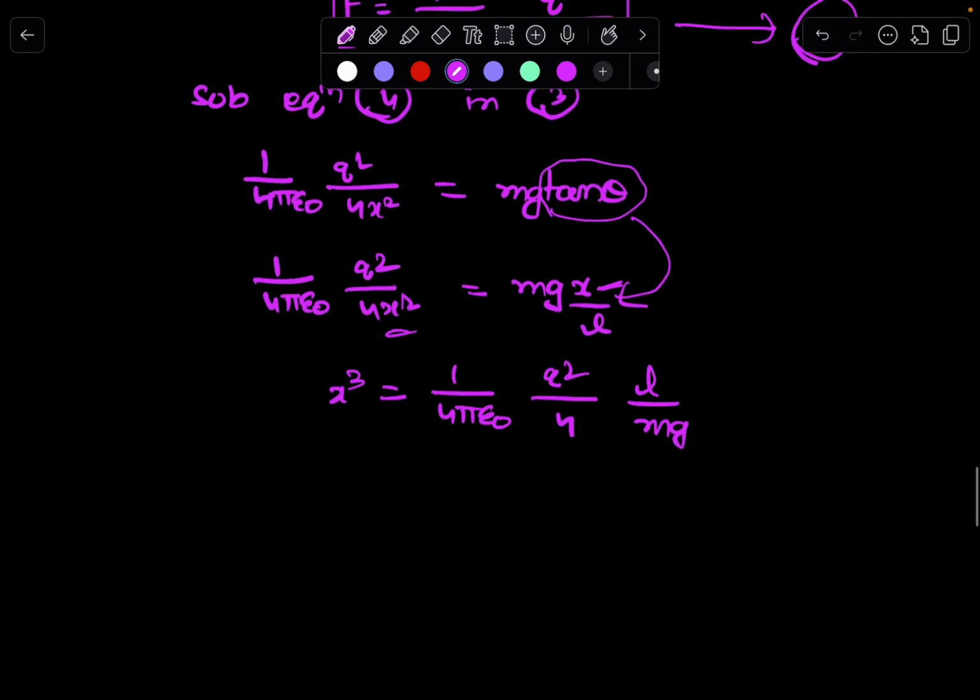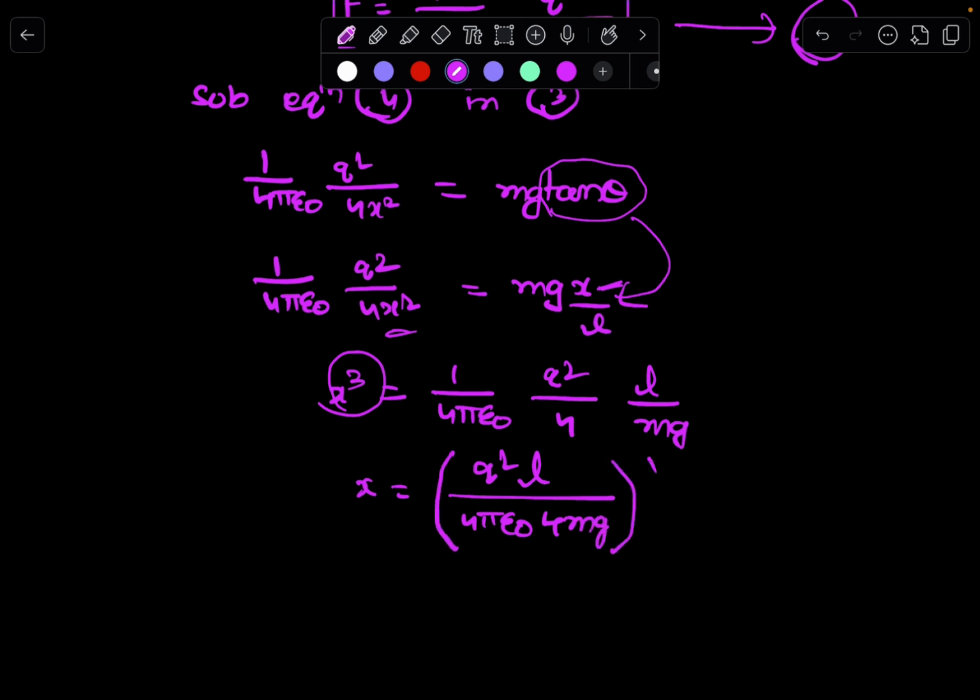So this is the expression I got. Now this cube term also I'm going to take to the right side. Therefore x is equal to (q square L by 4 pi epsilon naught into 4 mg) whole power 1 by 3.